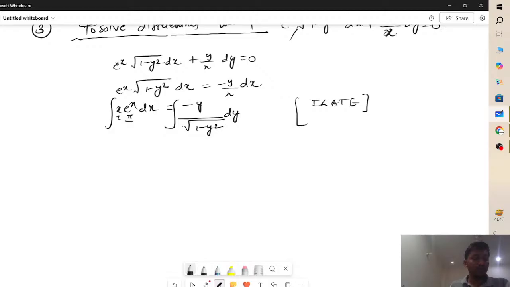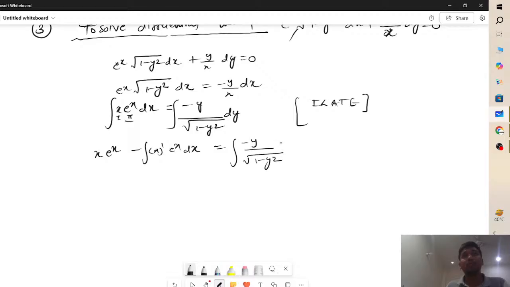Okay, so what we get: x times e^x minus the integration of the differentiation of x with respect to x times e^x dx, and the integration of minus y under root 1 minus y square dy.